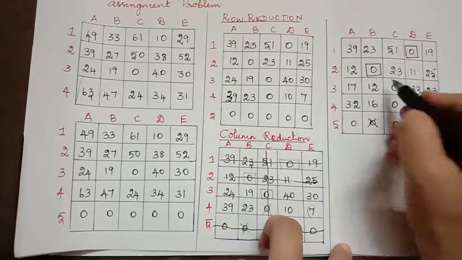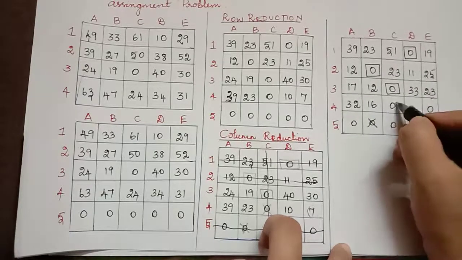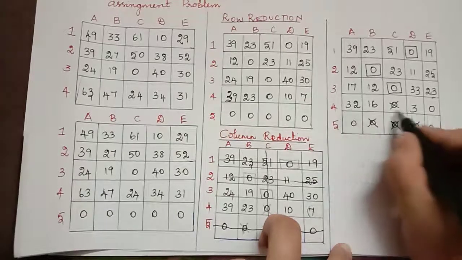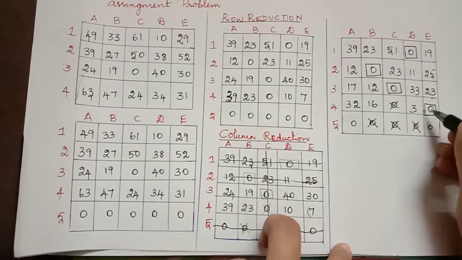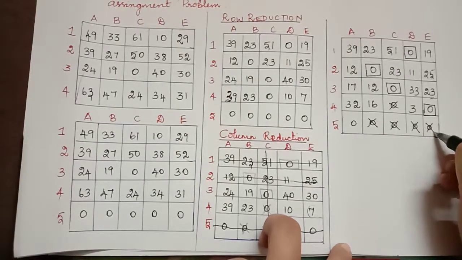In the third row there is only one single 0 left, and so the corresponding zeros of that column will be crossed out. In the fourth row we have a 0 which has to be selected, and once we make this selection, let us cross out the corresponding 0 in the column.